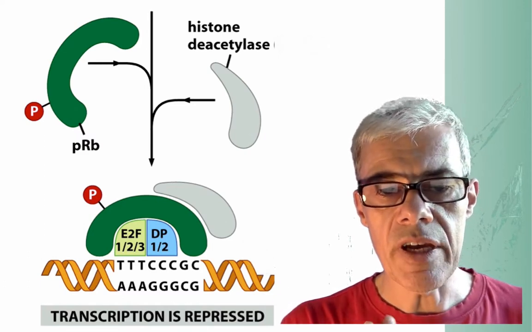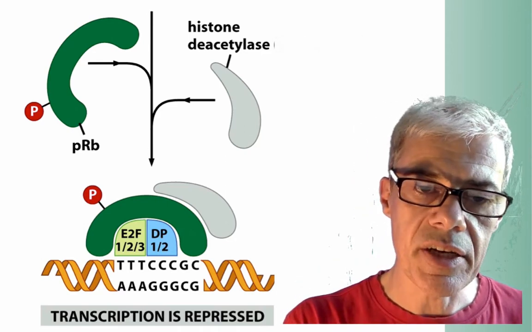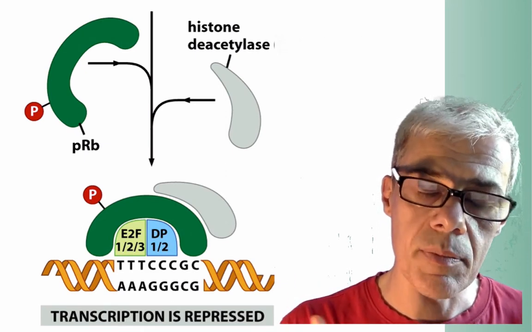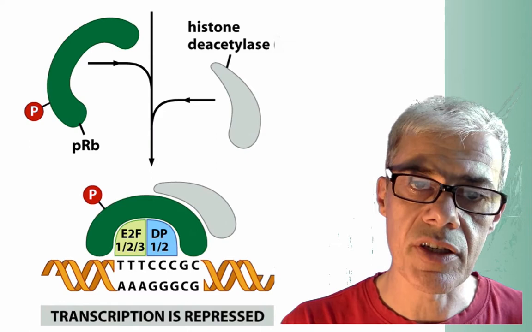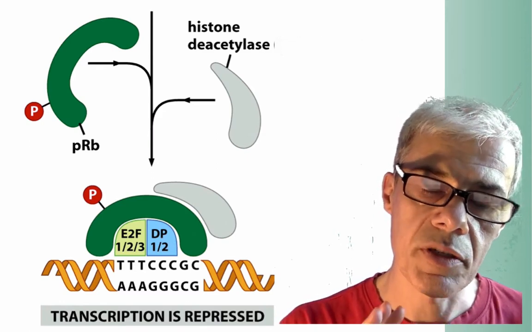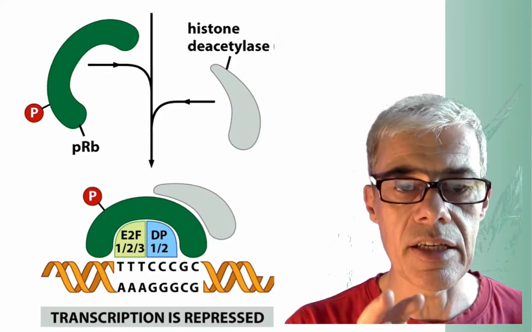So retinoblastoma binds to E2F, and another way in which it represses gene expression is by tethering in the histone deacetylase, which makes the DNA more compacted and less easy to transcribe.